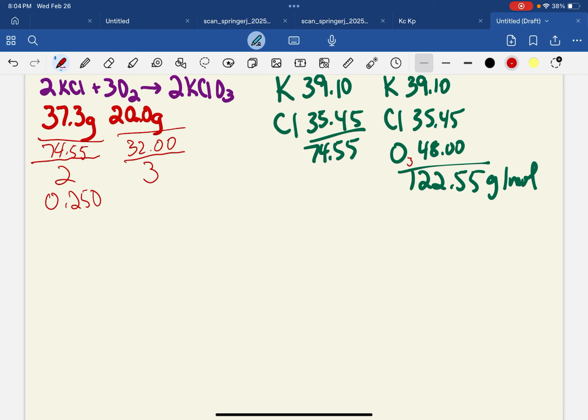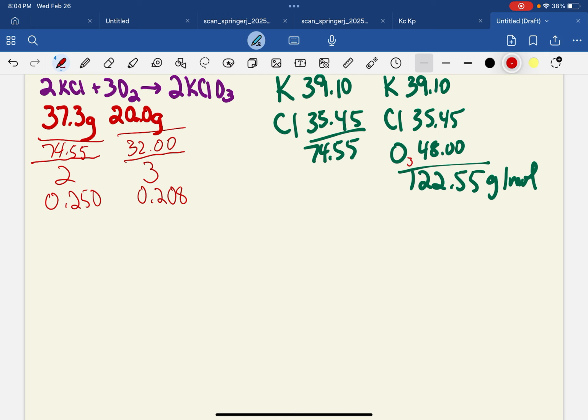And the other one will be 20 divided by 32 divided by 3, and I got 0.208, which tells me, since 0.208 is less than 0.250, that O2 is my limiting reactant.